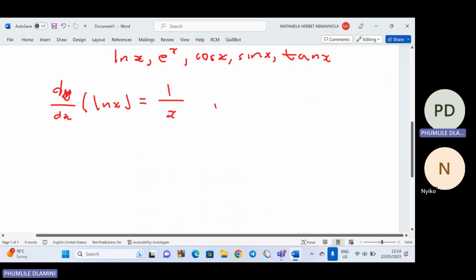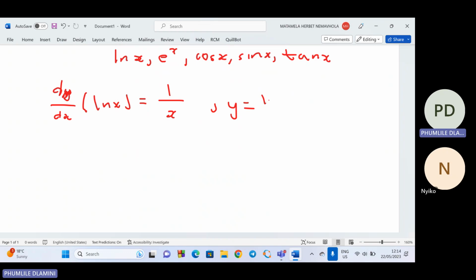Sometimes we can have a question where y equals ln x squared.